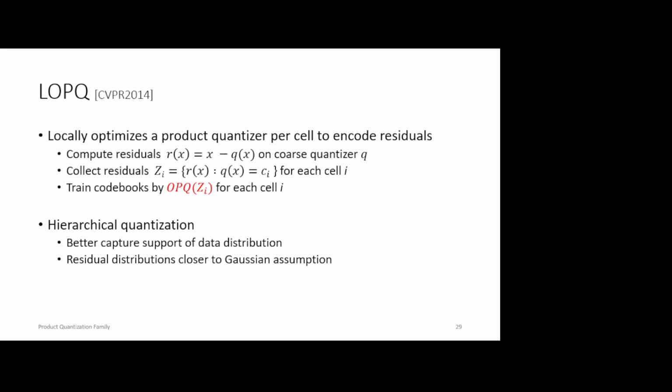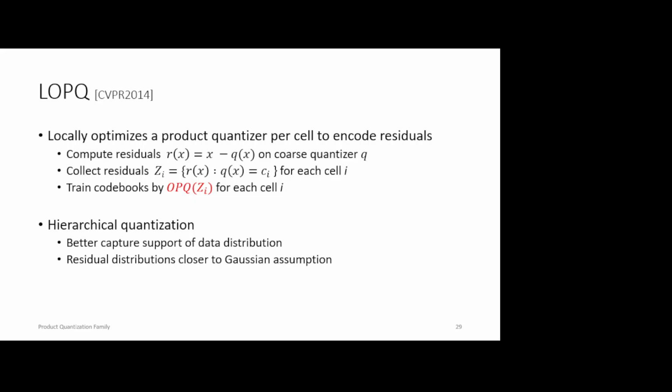Here you can find that LOPQ is actually a hierarchical quantization. You can think about there being two quantizers. The first one is a coarse quantizer to cluster all the data into small groups, and for each cluster, you then perform the PQ.